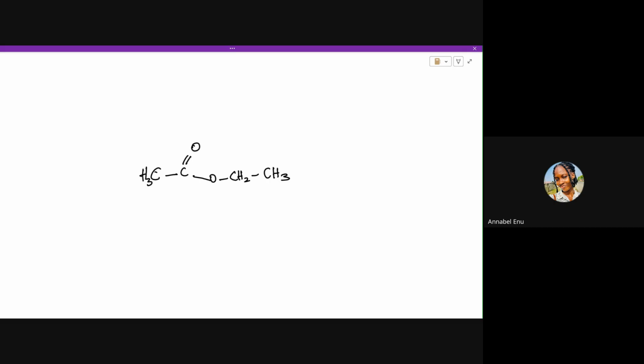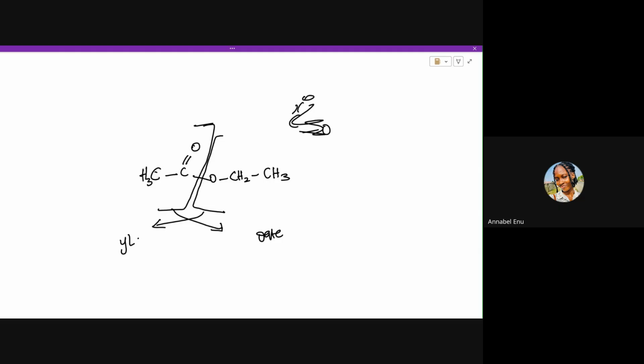We are saying that it's an ester because of the COO functional group, right? So to name this, I say we will divide it into two parts. The part where the oxygen is leading and the part where the CO is leading. The part where the oxygen is leading is the part that we would first name. And this part is the part we will name second. And this part that we'll name secondly will end with "oate". And this other side will end with "yl".